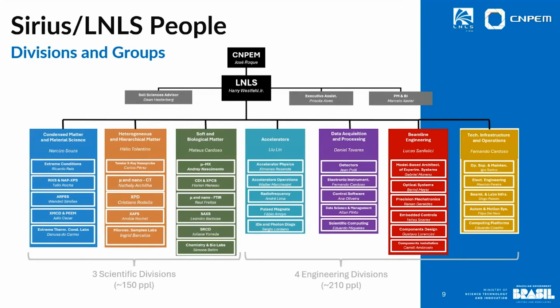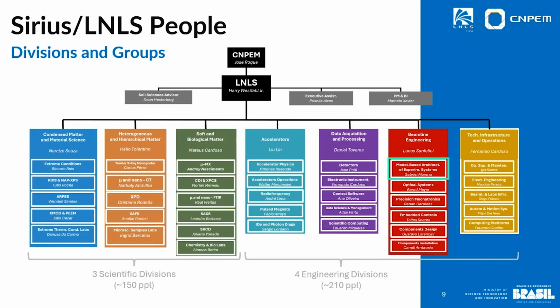It's not a sole mission. Actually, we have almost 400 people working on the lab among the 3 scientific divisions and the 4 engineering divisions. So for a beamline to become a reality, all of these people are working. And Maré is not the only one in the beamline engineering.